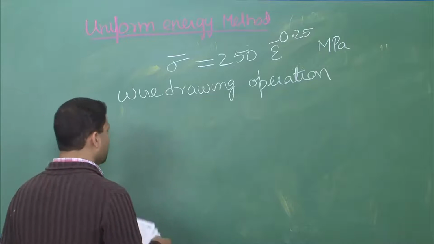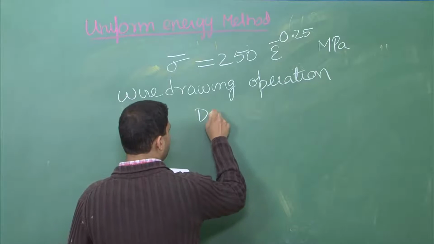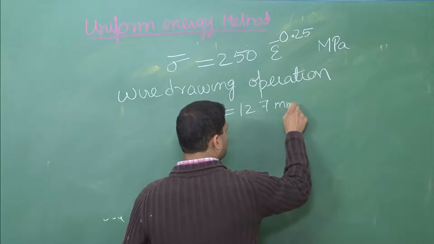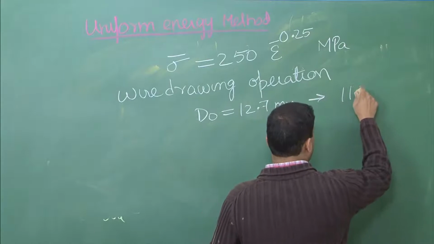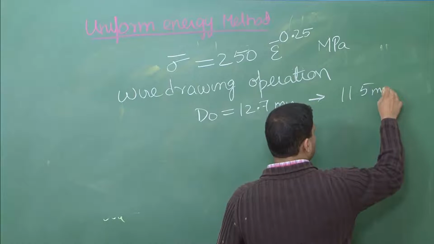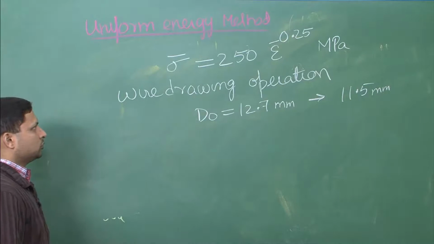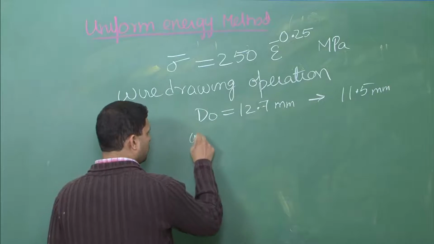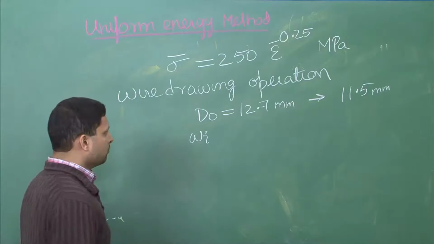So, in this case, when you are doing the wire drawing operation, the diameter was reduced from 12.7 millimeter to 11.5 millimeter. Now, you remember, what you have to do is calculate work ideal, that is total work per unit volume.